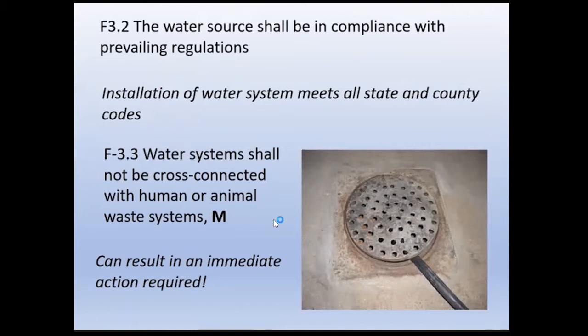Going on to F3.3, water systems shall not be cross-connected with human or animal waste systems, and this is mandatory. So what I've illustrated here, and this is actually the mildest of many illustrations that Alec has shared with me, you have a condensation line that the operator of this facility very tidily put into a floor drain. And that's a great idea, right?